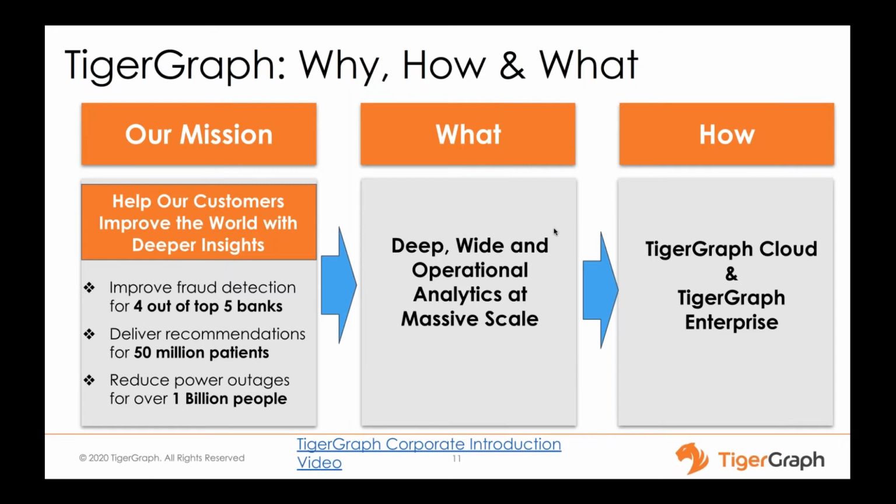There are so many other data points in terms of the impact that we are able to help our customers deliver. So how are we doing that? What is it that uniquely qualifies us to provide this kind of value to our customers? Well, first, TigerGraph is different from other graph database vendors by addressing the three key aspects of connected data analytics use cases.